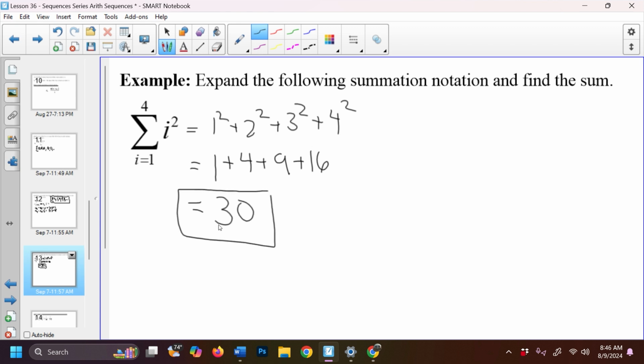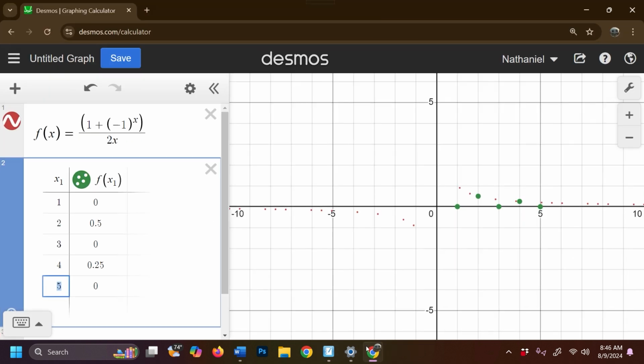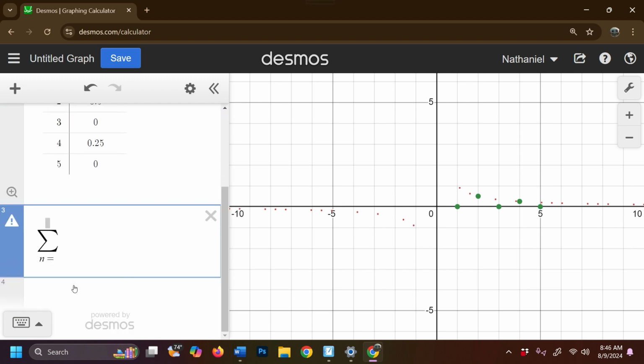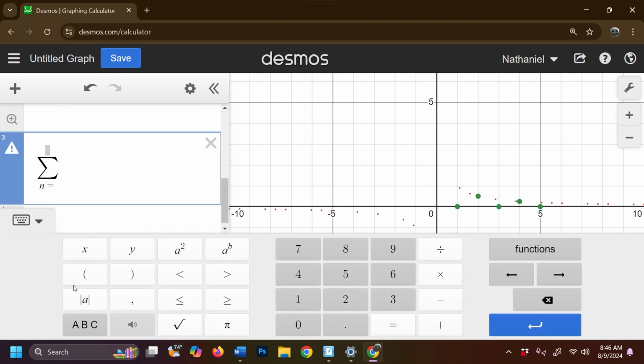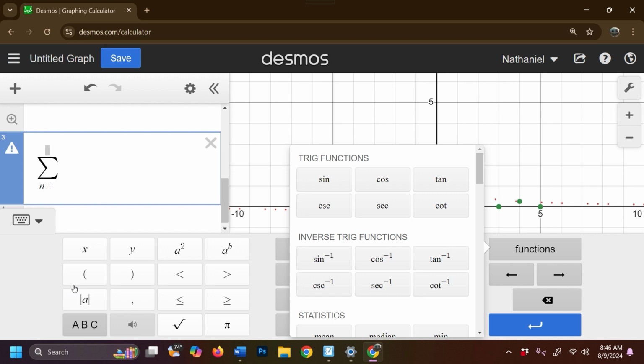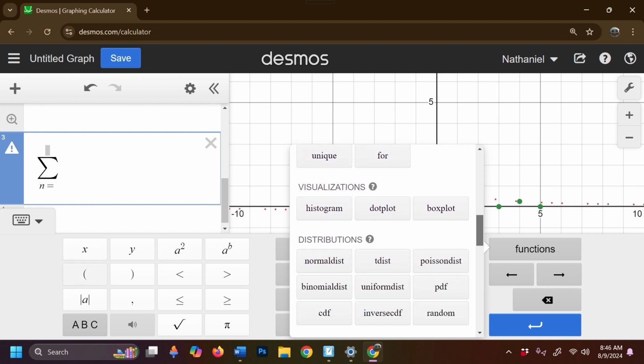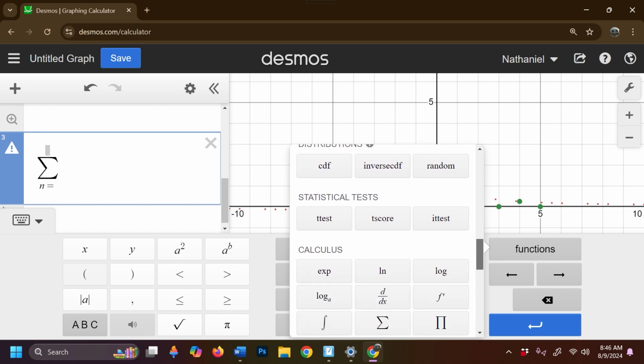Additionally, you can do this in Desmos. If you go to Desmos, and there are going to be some times I'm going to ask you to show your work, but if you type in sum, it will give you summation notation. Now, you can also find that in your functions list. If you scroll all the way down near the bottom, you'll see here summation.